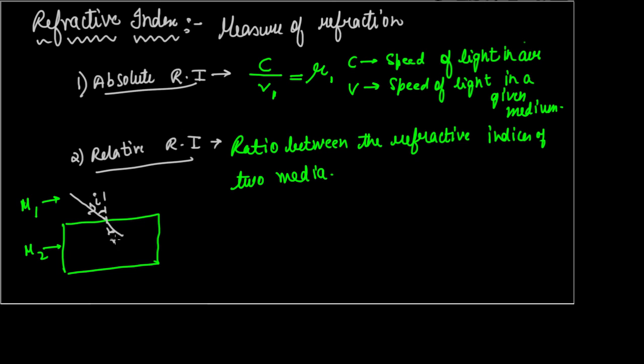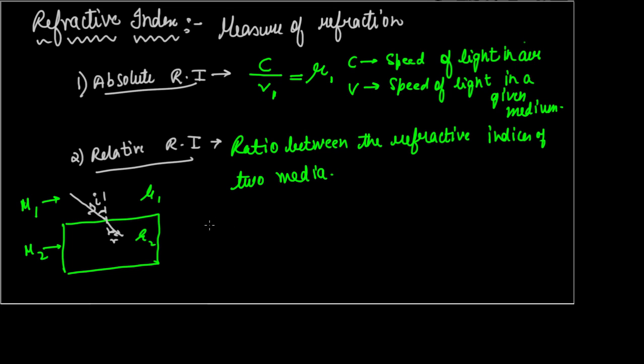Now, here how do we calculate the relative refractive index? Relative refractive index is calculated like this. Suppose the absolute refractive index of medium 1 is mu1 and absolute refractive index of medium 2 is mu2.